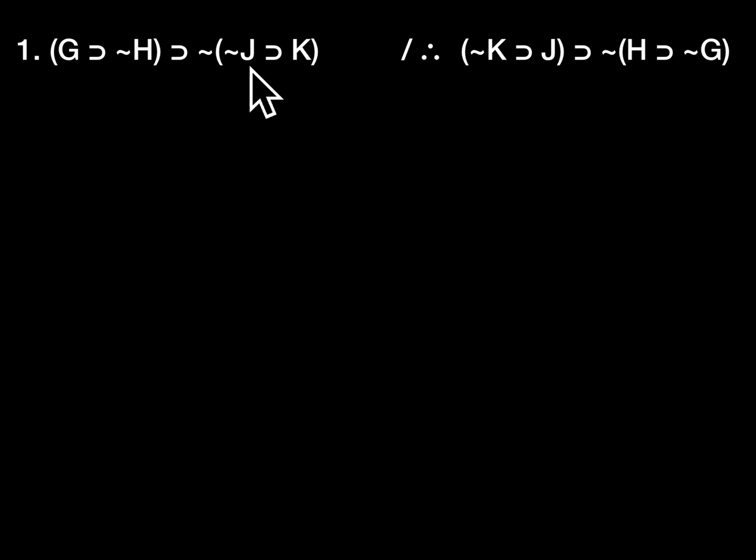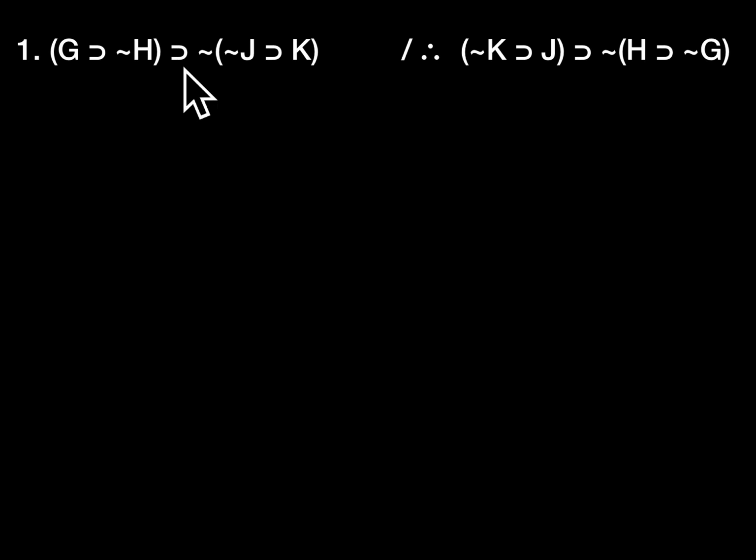Also, notice if not J, then K is a conditional where we've swapped the order and negated antecedent and consequent for this one. If not J, then K, and this is if not K, the negation of that, then J, the negation of that. So this component here also is a conditional that's the opposite order of this one, but with both components negated.